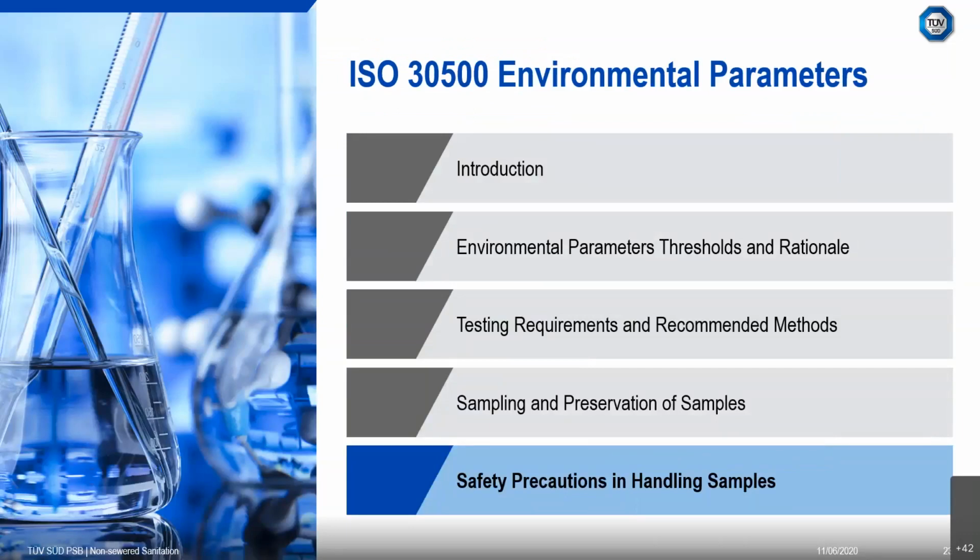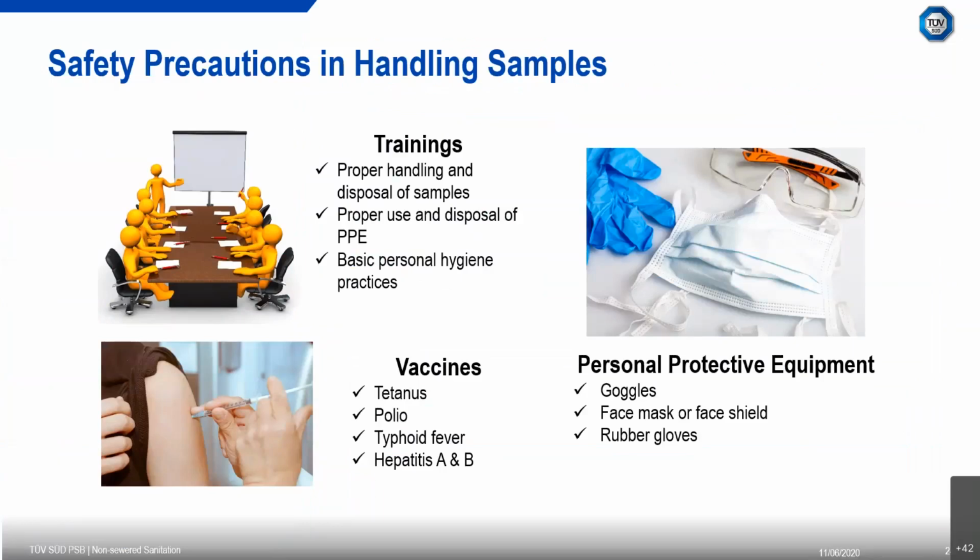What are the basic safety precautions in handling the NSS samples? Personnel who are involved in the NSS testing are exposed to a high risk of illness from waterborne diseases.